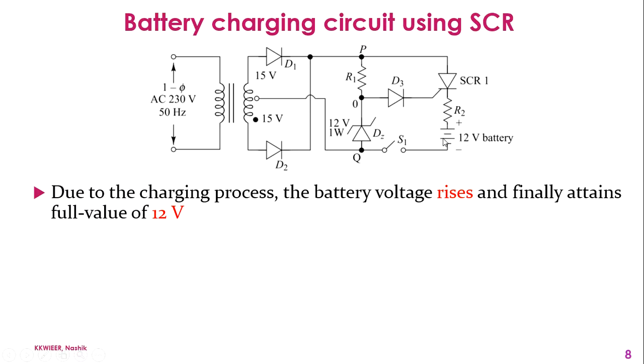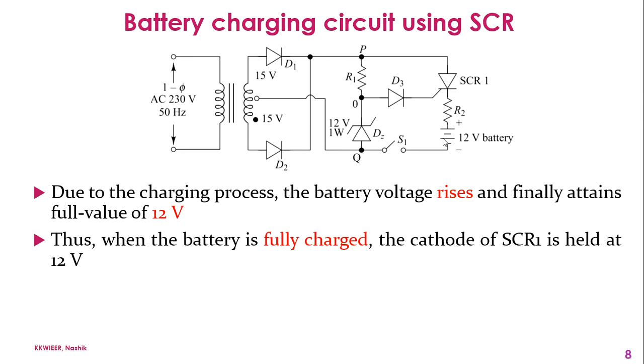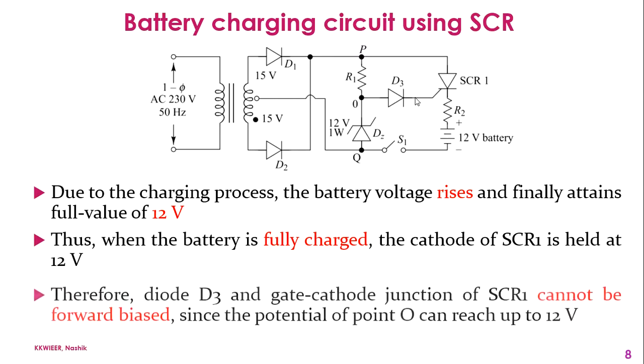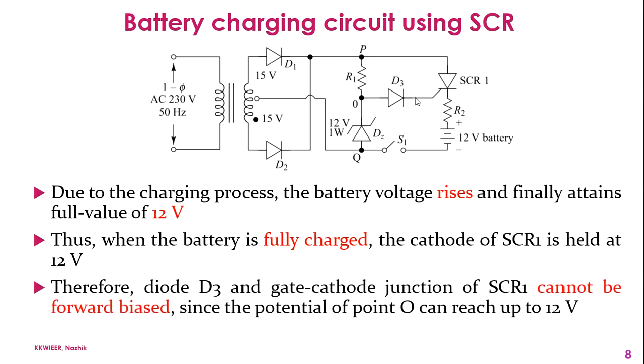When the battery is fully charged, the cathode of SCR1 is held at 12 volt. Therefore, the diode D3, this middle diode, and the gate cathode junction of this SCR, silicon controlled rectifier, these two cannot be forward biased since the potential of point O can reach up to only 12 volt.